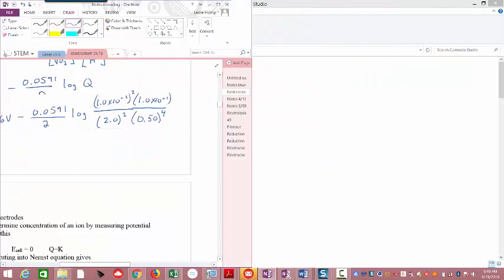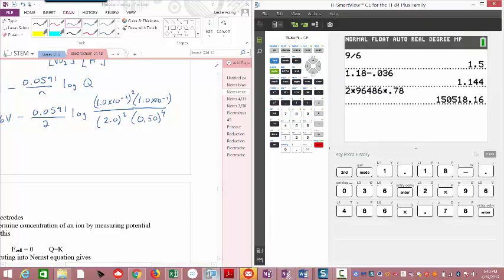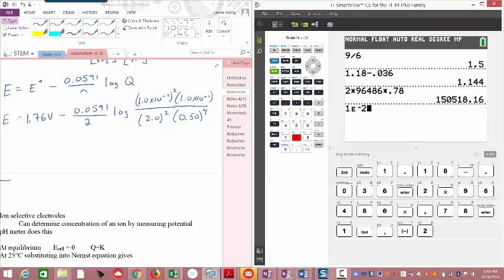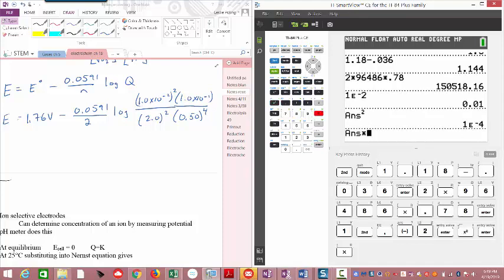Okay, let me bring this over here so that we can see this and the calculator side by side, because we got a lot of stuff to simplify here. Okay, so 1 times 10 to the minus 2, and I should have put that in parentheses, need to square that, and multiply it by 1 times 10 to the minus 1.